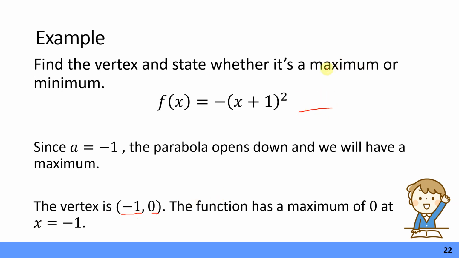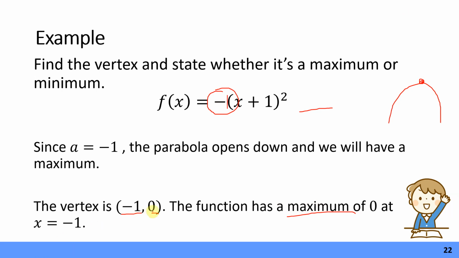And then how do we know if this is a maximum or a minimum? Well, we look at a. So a is an invisible -1. And since it's negative, it means that the graph is going to open down. So that means that the vertex is going to be a maximum. All right, so that's how you find the vertex, and that's how you determine if it's a maximum or a minimum.